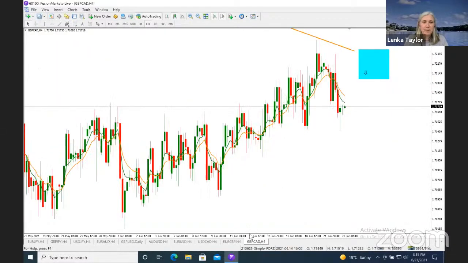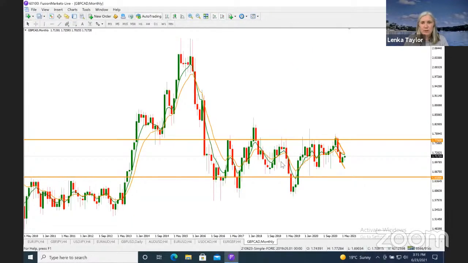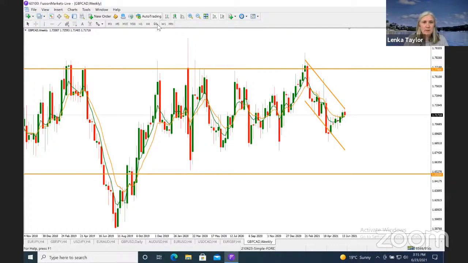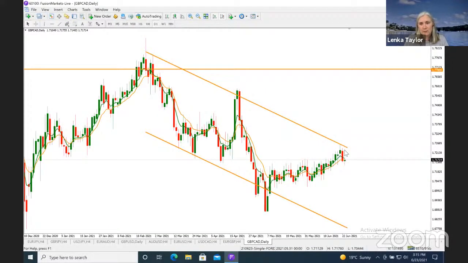The last currency pair I'm looking at is GBP CAD. And GBP CAD, I'm also looking at this as a ranging market. So at the moment, I'm looking for a short. On the weekly, it's still in a downtrend, not that that really matters, but on the daily, we have here a lower high.